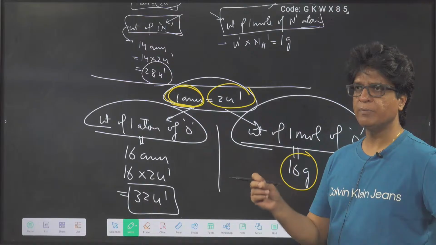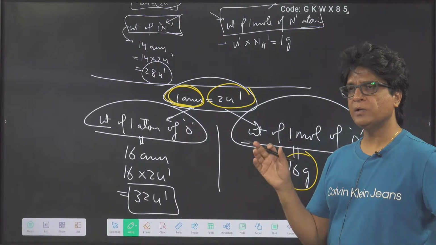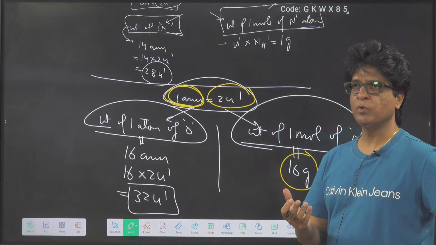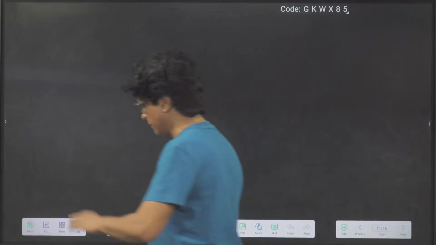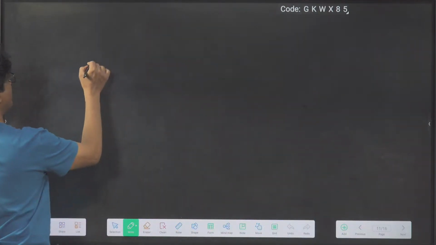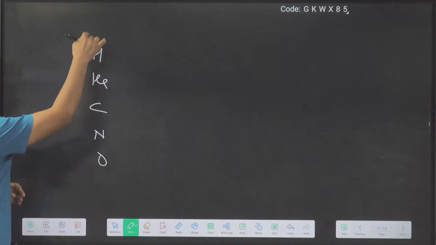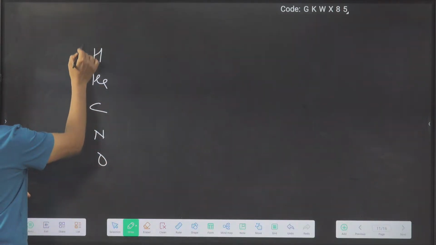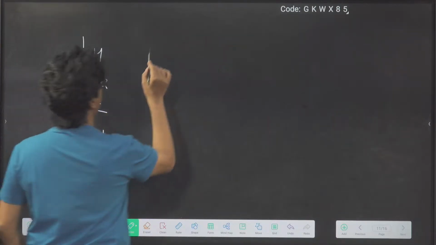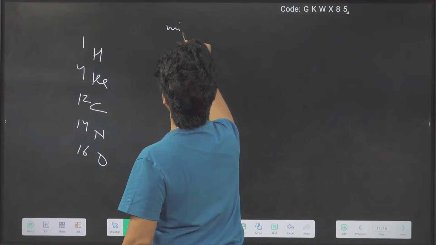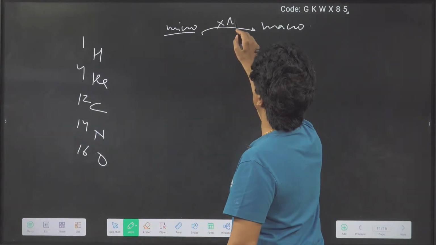Whatever the unit of AMU, the weight of 1 mole of any element will remain the same as it was earlier when 1 AMU was 1.6 times 10 to the power minus 24 gram. Clear? Chalo, theek. So now let's establish it once and for all. Hydrogen, say helium, say carbon, nitrogen, oxygen. I'm talking about atoms with mass numbers 1, 4, 12, 14, 16. In the microscopic world and the macroscopic world, the bridge is the Avogadro number.